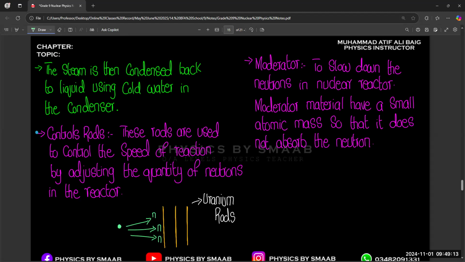So to start the fission reaction, we need to strike neutrons on the uranium rods. And when neutrons strike the uranium rod, the reaction takes place, right?